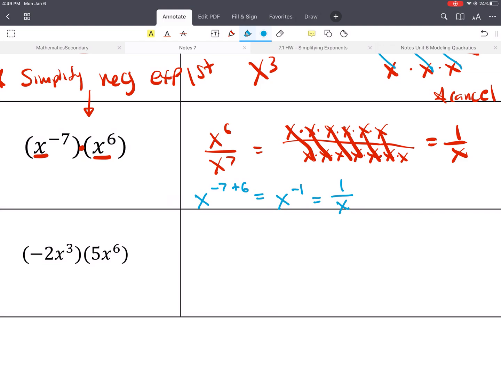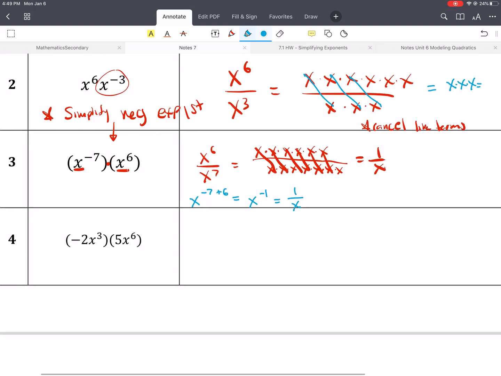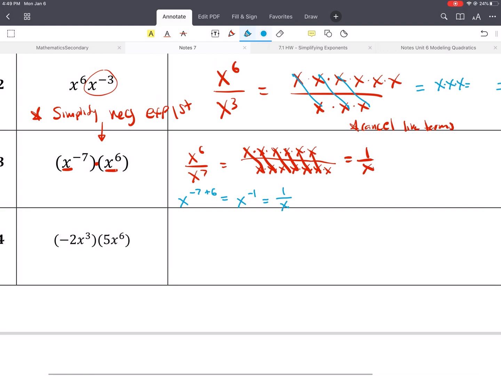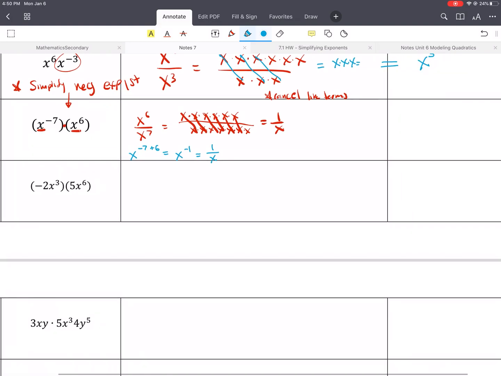So those are two ways that you can do it when you're multiplying ones that have the same base, but with a negative exponent. You can either simplify the negative exponents first, or you can just add their exponents together. So over here that would just be 1 over x.